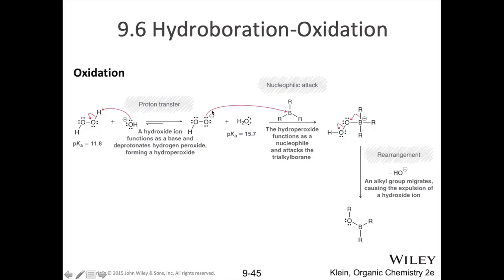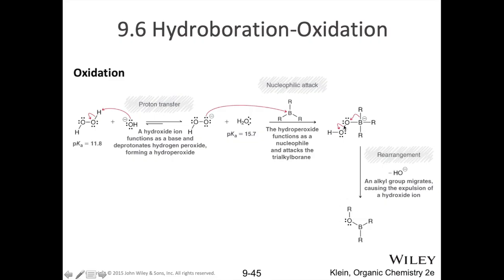Okay, now this hydroperoxide ion acts as a nucleophile, and remember you've got this electron poor boron, right? It's under the octet rule, so that attacks that boron and essentially transfers one of your alkyl groups to this oxygen. Okay, now in the process it kicks off your OH group from your hydroperoxide, and you form this alkoxide group instead.